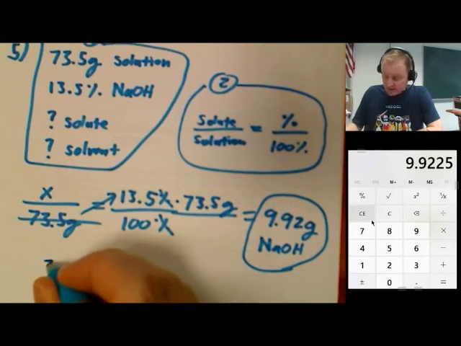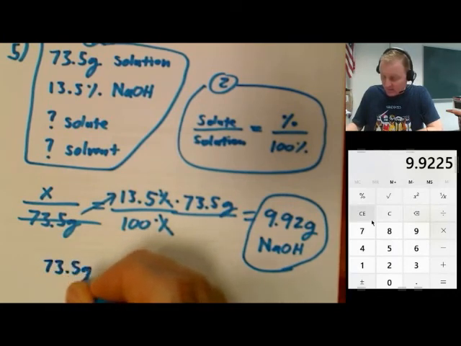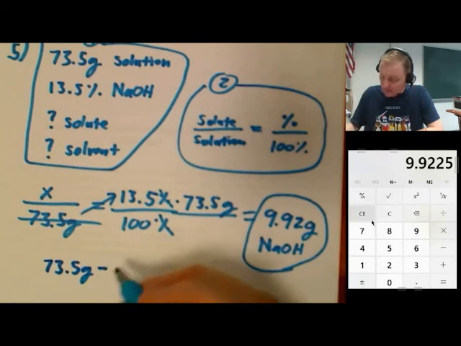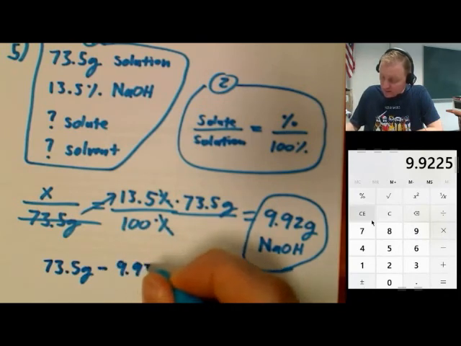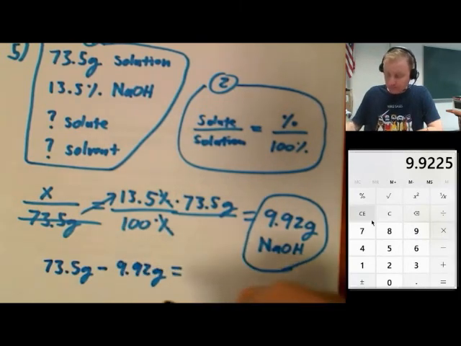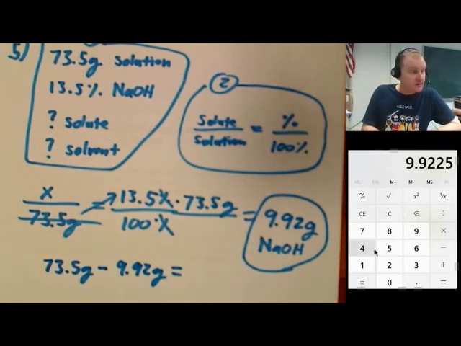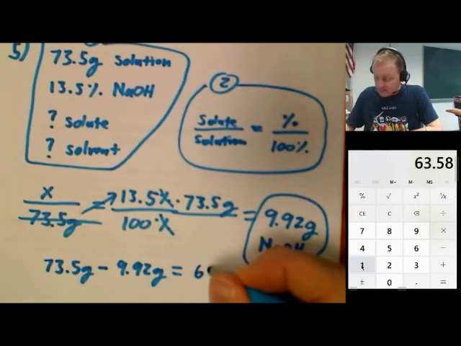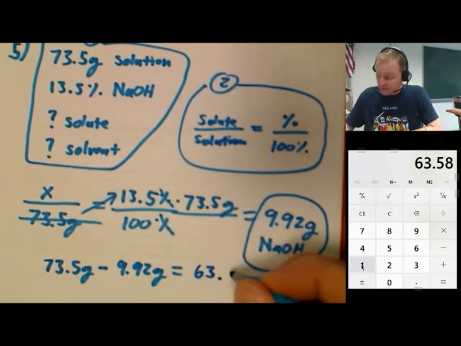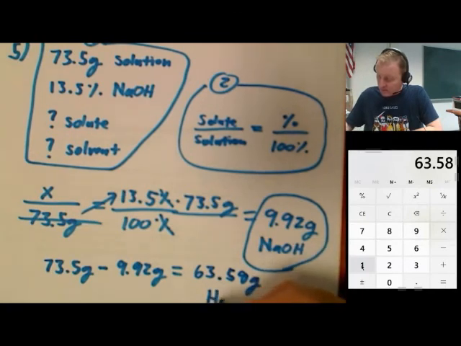So you take 73.5 grams minus the 9.92 grams to make up the difference there. So 73.5 minus 9.92, that'd be 63.58 grams of water.